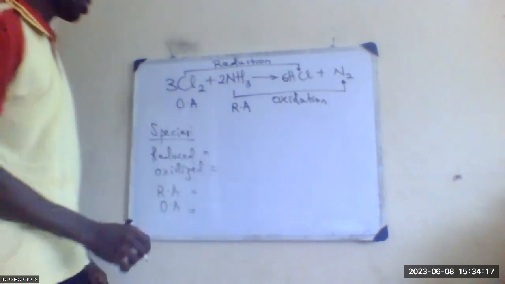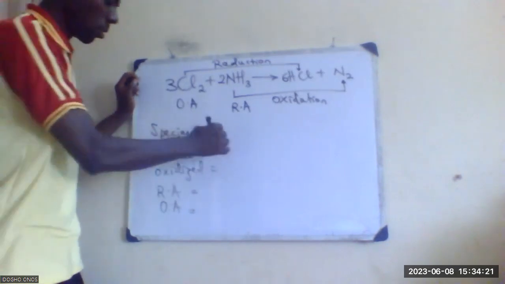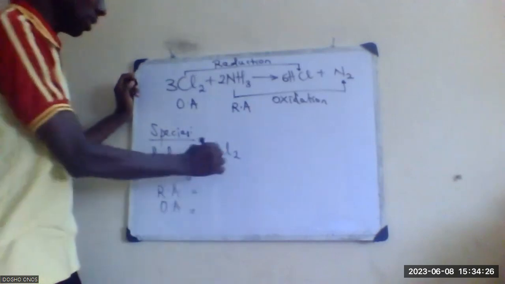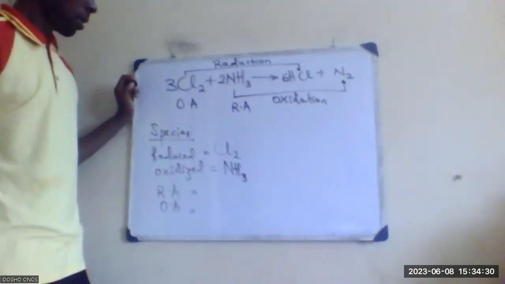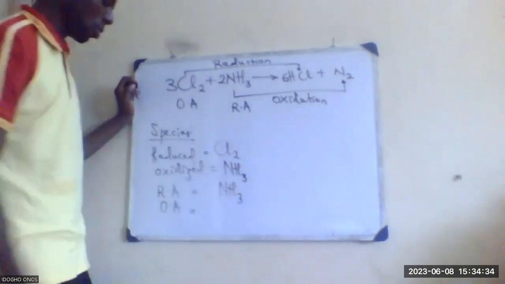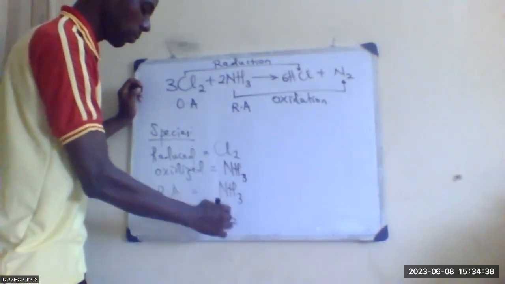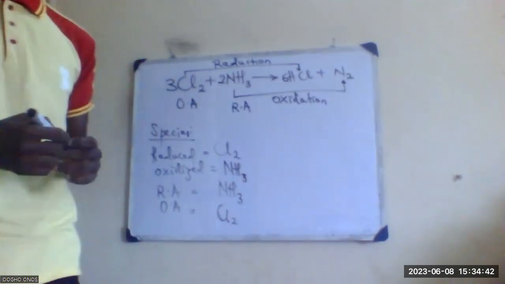The species reduced here is chlorine gas. The species oxidized is ammonia, NH3. The reducing agent is also ammonia because it is undergoing oxidation, while the oxidizing agent is chlorine gas. Any question?